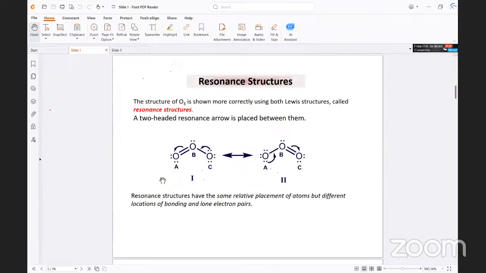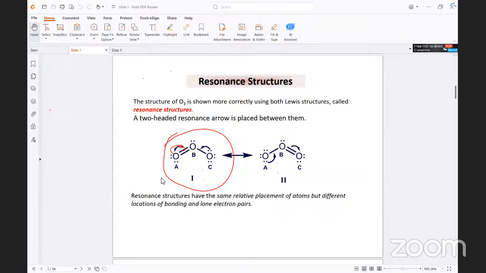Now, in this next slide, you will see that the electron that's supposed to be on this position is moving from the bonding pair here and becoming a lone pair.